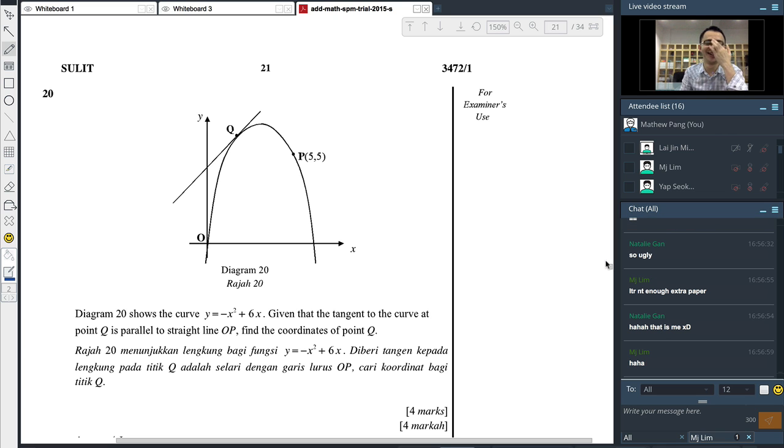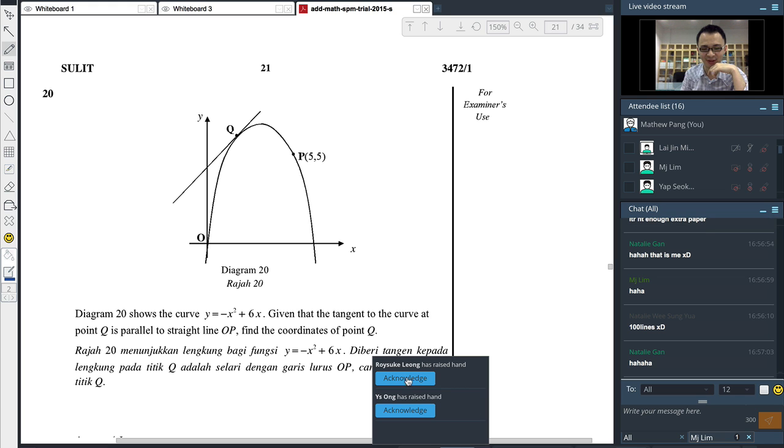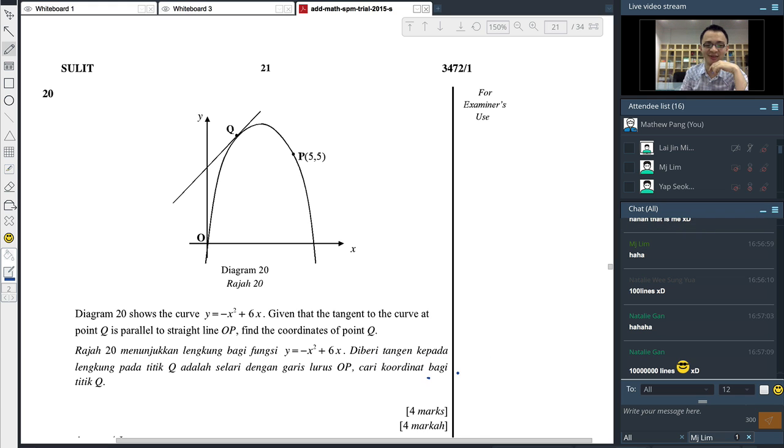Alright, so yeah, for this one, this question is a bit confusing, but I see someone raise hand. I think this raised hand is for just now, isn't it? Yeah, because just now I forgot about negative. Okay, so for this one, diagram 20 shows the curve y equals negative x squared plus 6x.